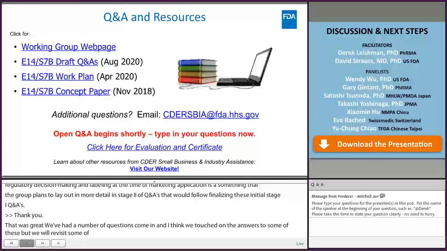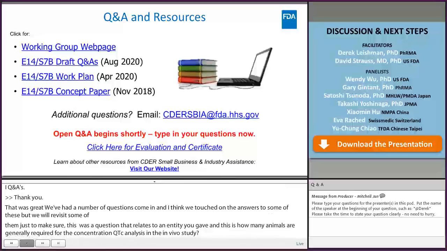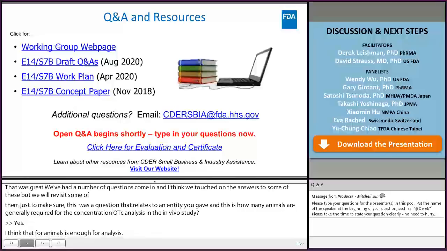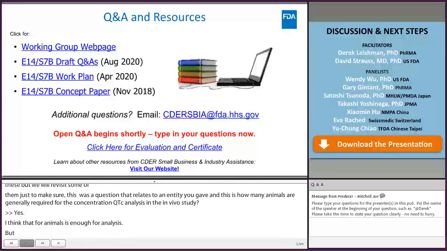Yeah, I think 4 animals is enough for the concentration QT analysis described in today's presentation. But for more precise concentration QT analysis, of course, a larger animal number is preferred for improving assay sensitivity and statistical power.